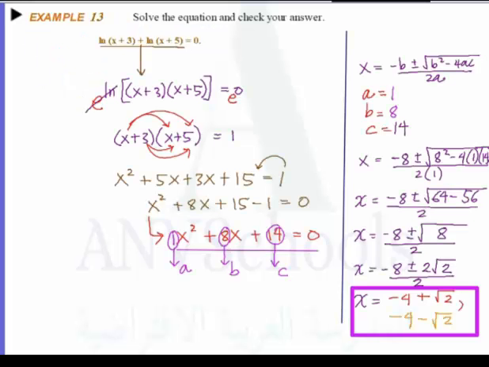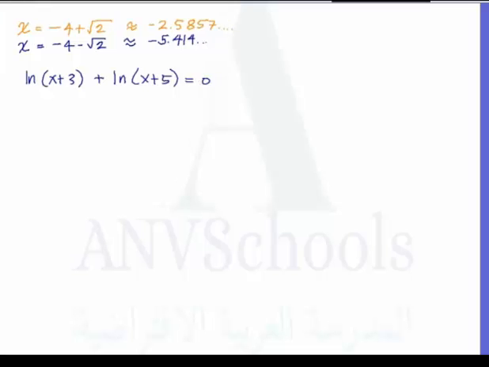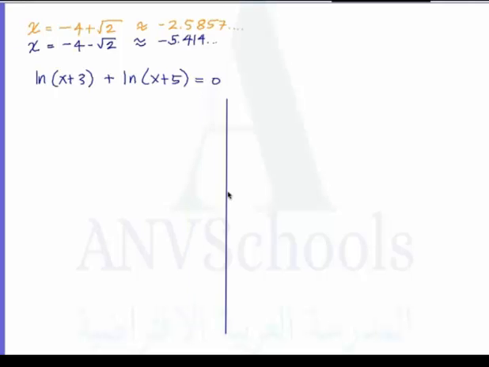Okay, and my original equation, as a reminder, is ln of x plus 3 plus ln of x plus 5 is equal to 0. Now taking the first argument, we divide the board into 2 columns.